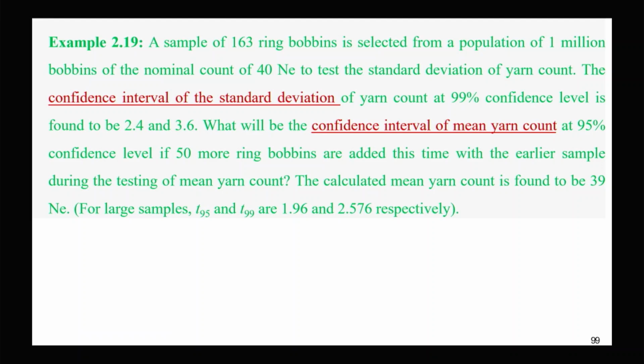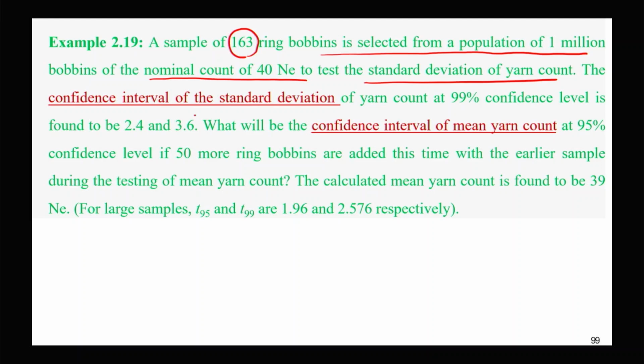Now next numerical is that a sample of 163 ring bobbins is selected from a population of 1 million bobbins. So we have selected 163 ring bobbins of nominal count 40 English count, and this is selected to test the standard deviation of yarn count.